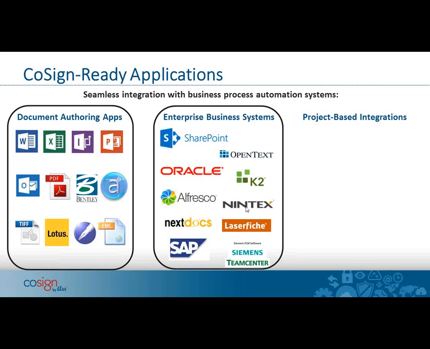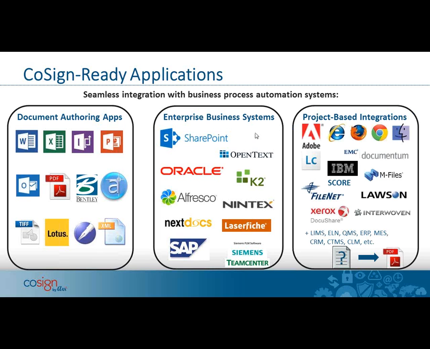K2 workflows, Nintex workflows, Alfresco is a DM system, Laserfiche, popular ECM system, and others. Even Documentum we have a connector for now. So if you're running any of those systems, do let us know, and we can show you how we have exposed signing features already out of the box through those user interfaces so that you don't have to do any of that integration. And as you can see, we also have the APIs to work with almost anything else that's out there.